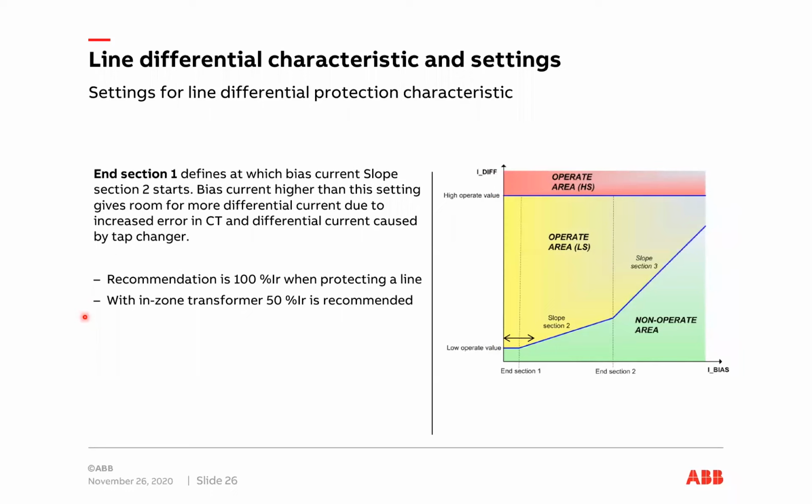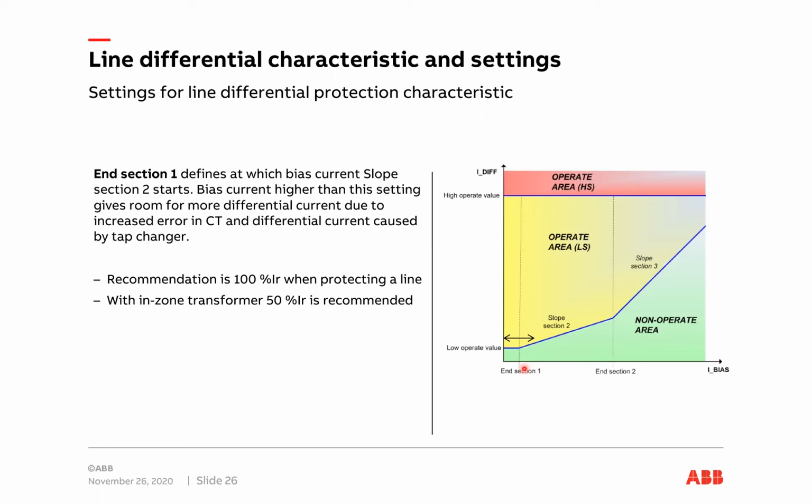For the end section 1, it defines when slope section 2 will start. So it means at which load current we can tolerate more differential current. The higher the load current, the more differential current we can tolerate. And this again depends on the application.